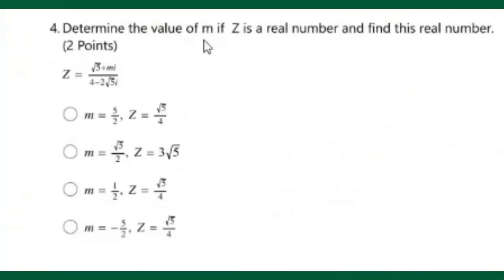Okay, determine the value of m. Okay, if z is real number, and then ada satu lagi soalan, find this real number. Dengan arti kata lain, find z. Okay, before that, determine the value of M dulu. Okay.